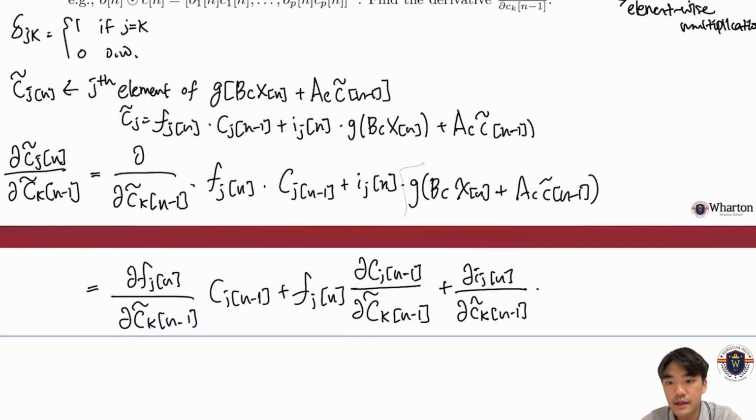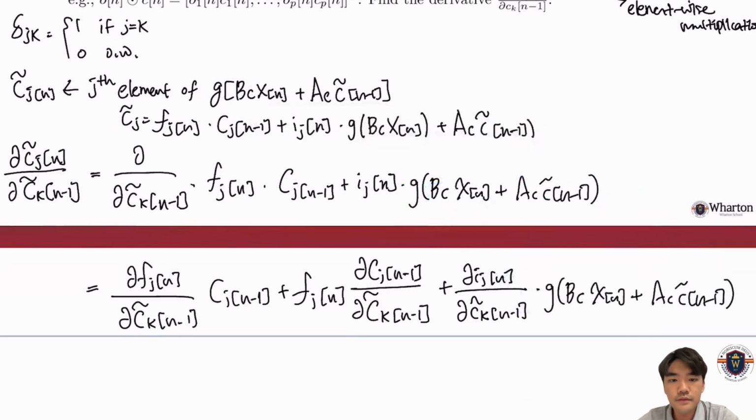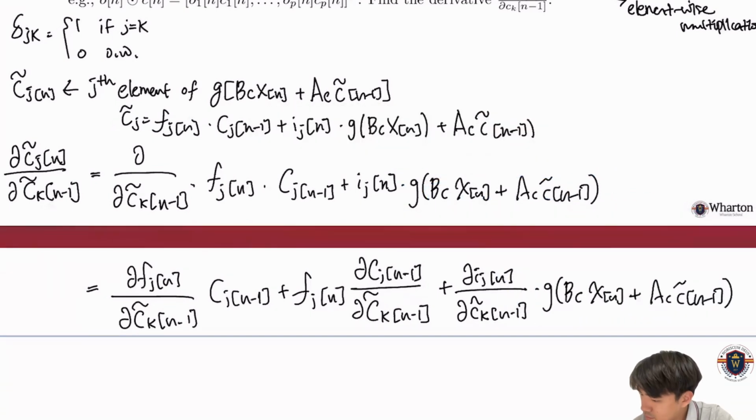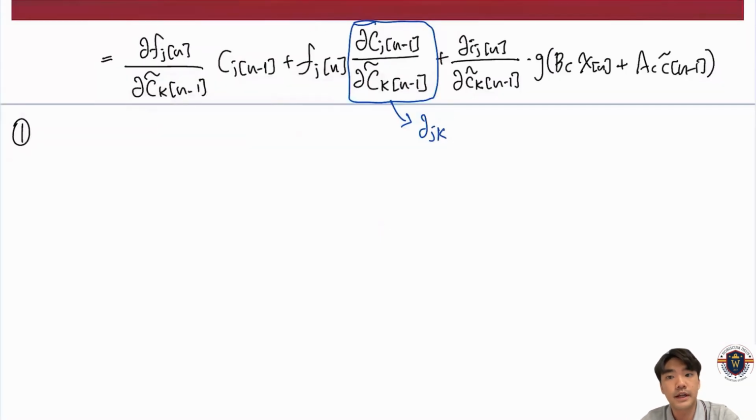And this is just the multiplication of, you might have noticed that Cj with respect to the candidate state of Ck is just the Kronecker delta Jk that we defined earlier. The partial derivatives of the sigmoid and the hyperbolic tangent functions need to be calculated next. So let's calculate the intermediate derivatives.